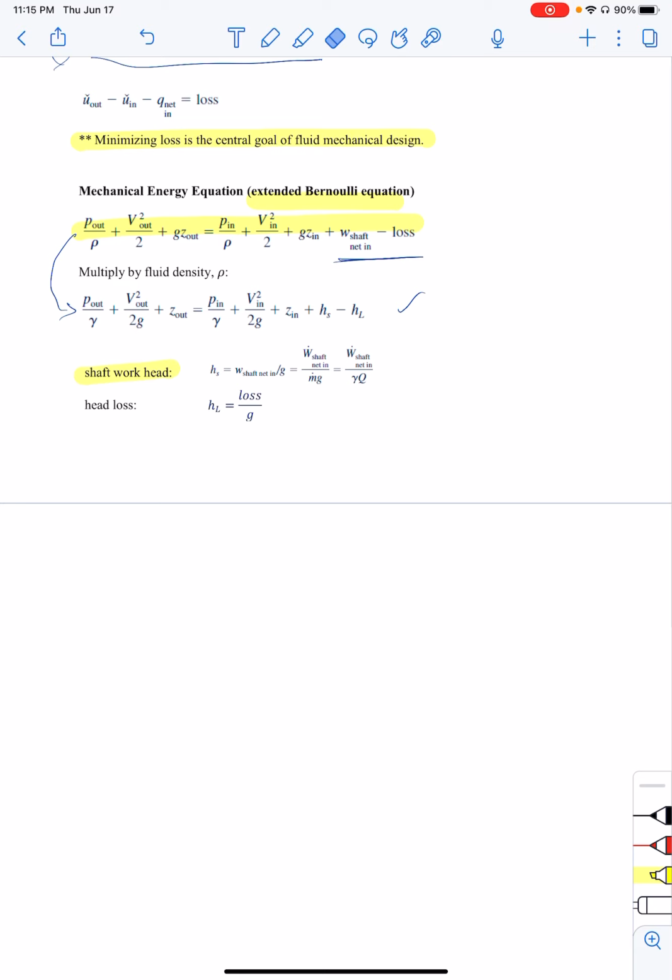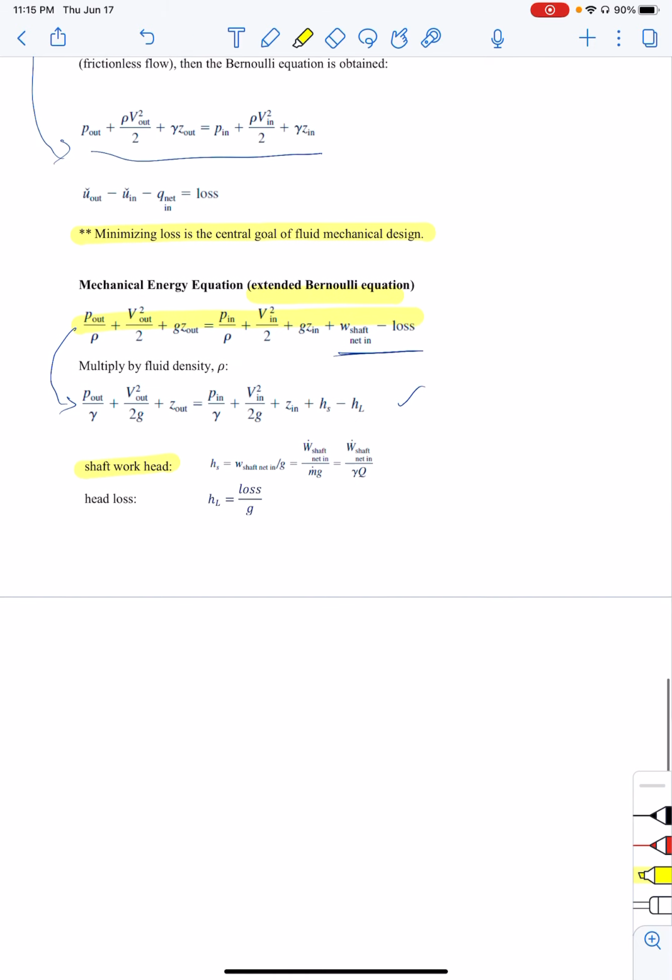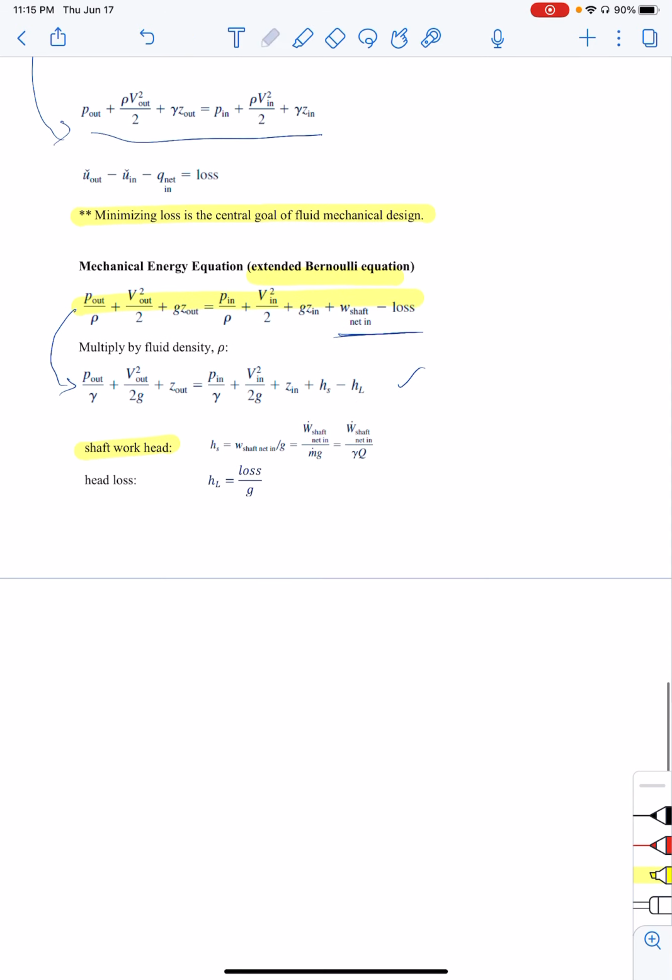This is how we quantify the amount of head involved. Let me save this also here, and I'm going to show you that in the question that I'm going to solve.